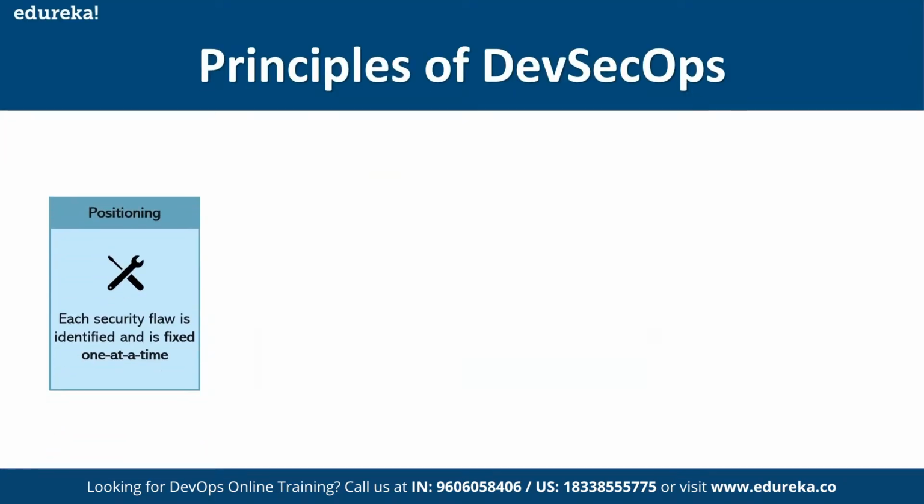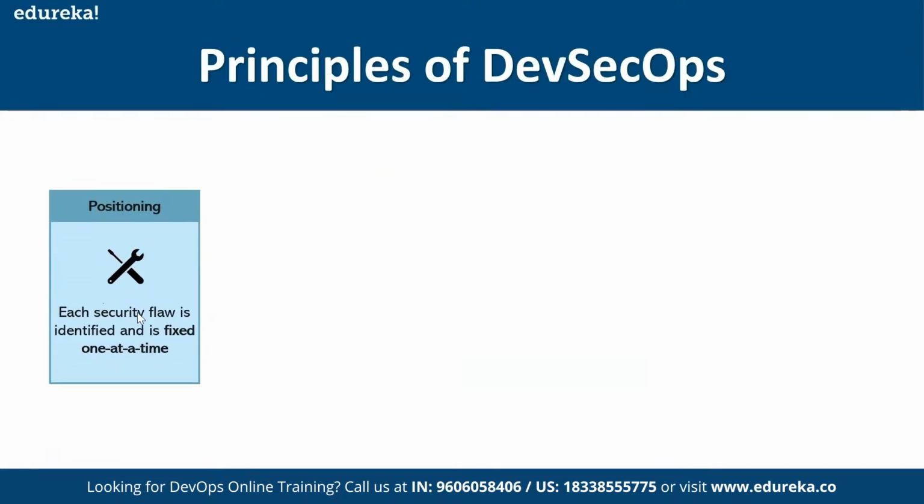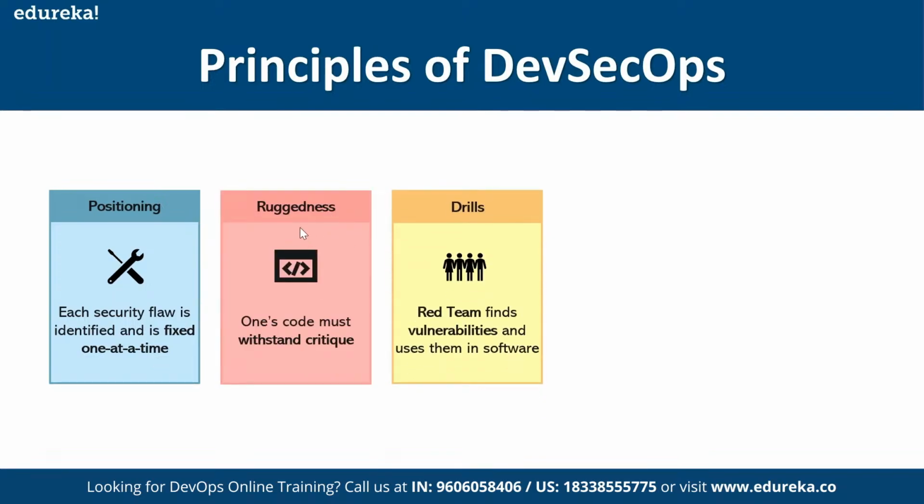Now, principles of DevOps. Positioning: each security flaw is identified and fixed one at a time. Whether it's development level flaws, deployment level flaws or infra level flaws, they should be found and fixed. Recognize that one's code must withstand critique, so all the vulnerable things should be identified on time.